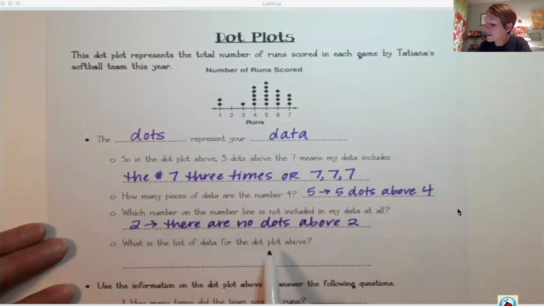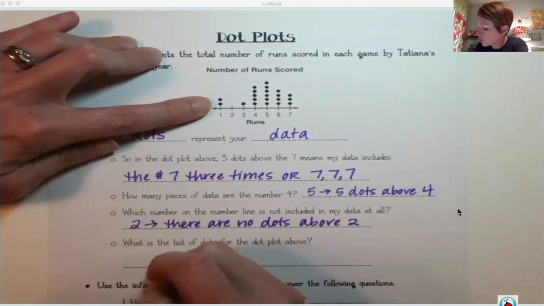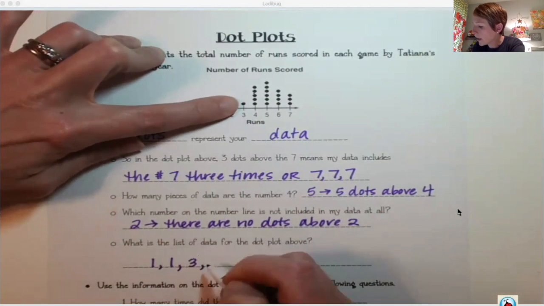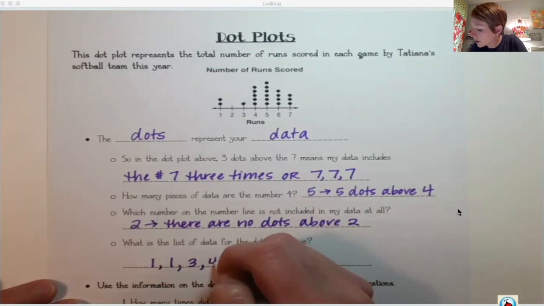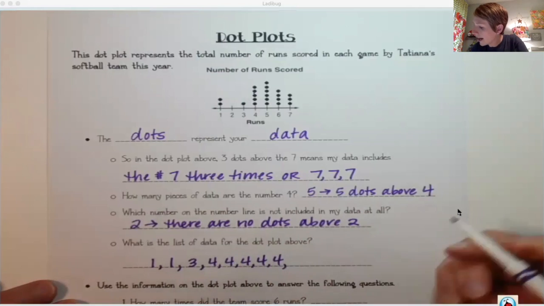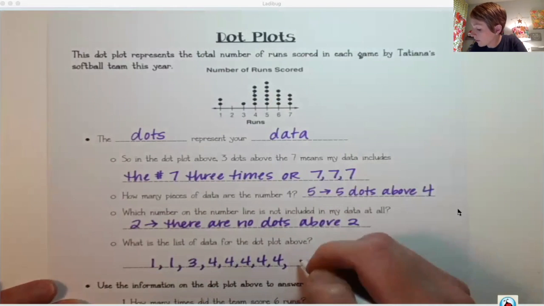So what is the list of data for the dot plot above? Well, I have 2 dots above 1, so I have 2 ones. I have 1 dot above 3. I have 1, 2, 3, 4, 5 dots above 4. I have 1, 2, 3, 4, 5, 6 dots above 5.